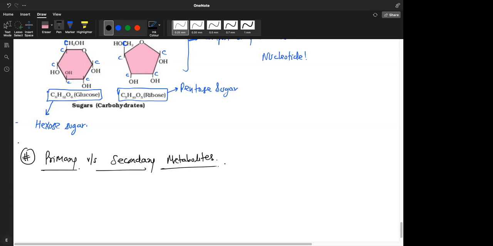Secondary metabolites, on the other hand, write down, there are many compounds other than the primary metabolites which are present in plant, fungi, and microbial systems.